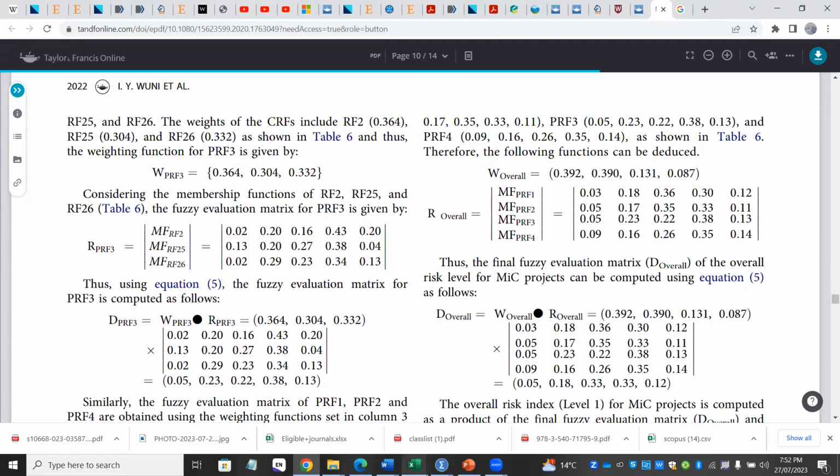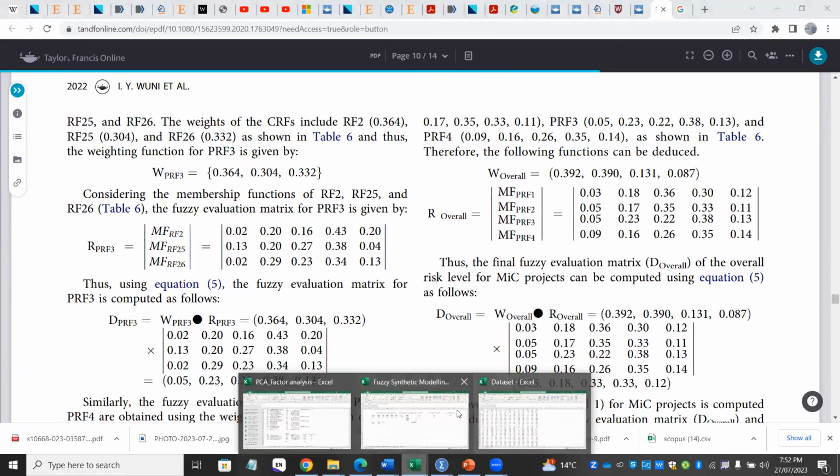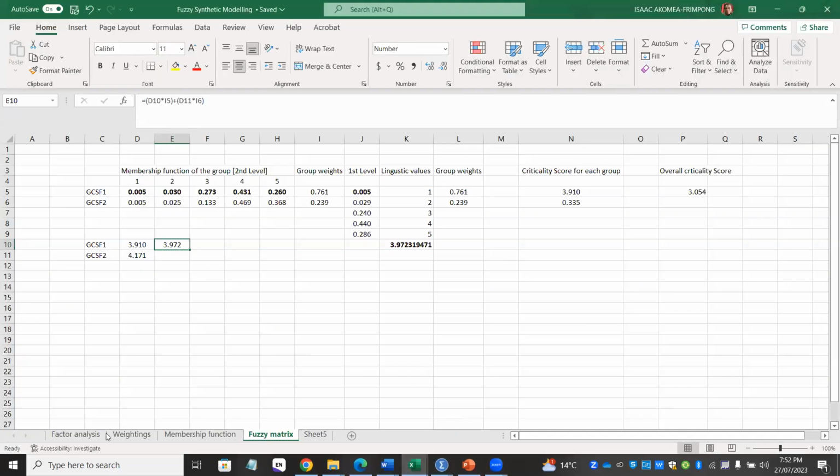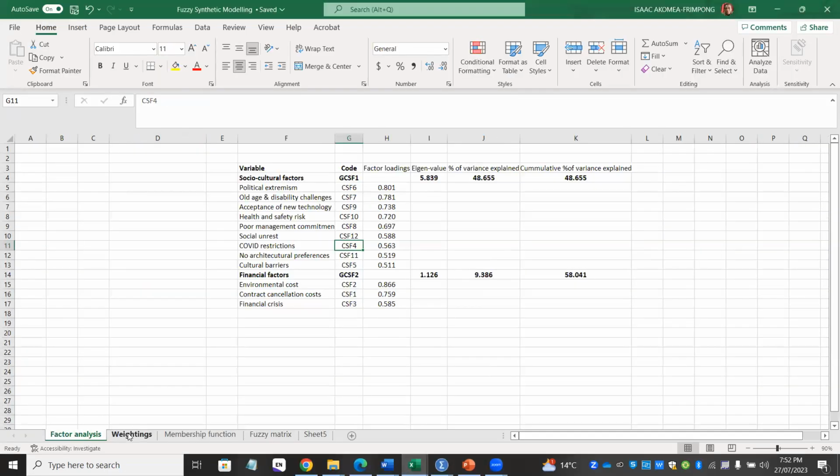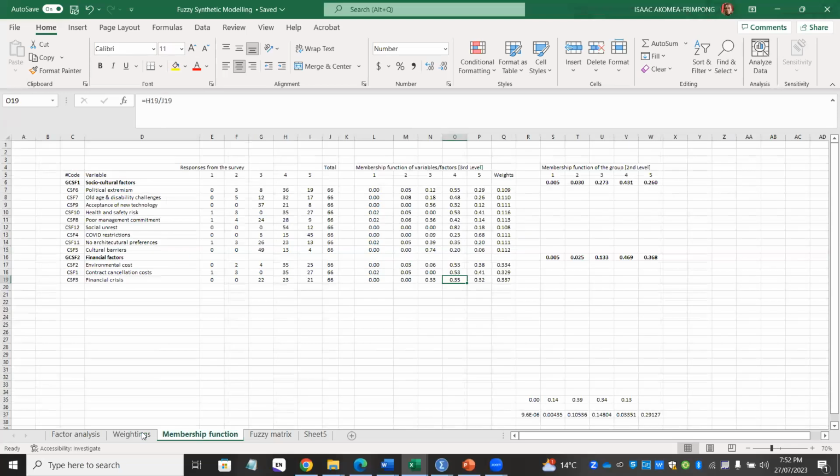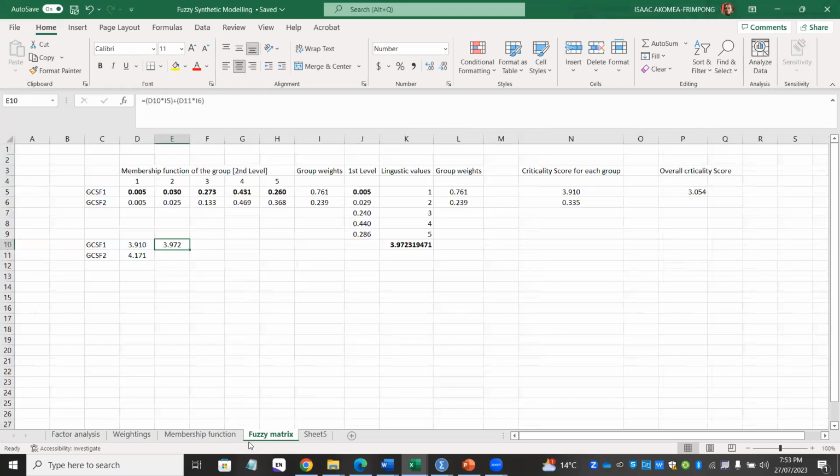I'm so happy that at this level, I've been able to take you through what we call fuzzy synthetic evaluation using simple and straightforward data. And I'm hopeful that once you are done watching this, fuzzy synthetic evaluation modeling will be something easy for you to do.